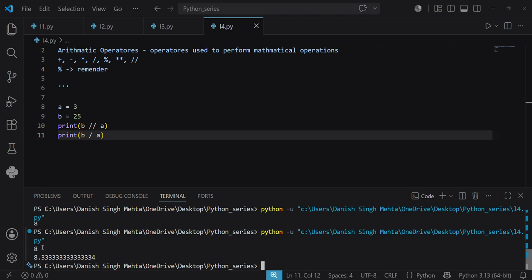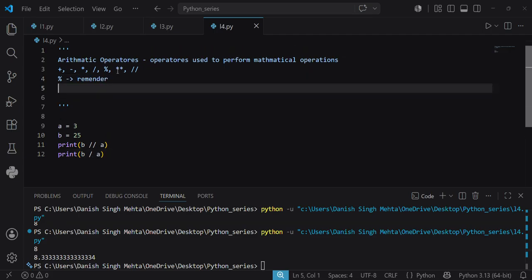But in floor division, it removes everything after the point. One important concept about floor division is that the value will always be less than or equal to the value we would get in the normal division.